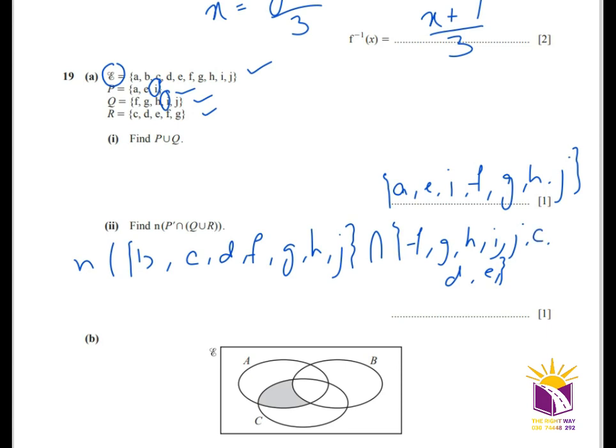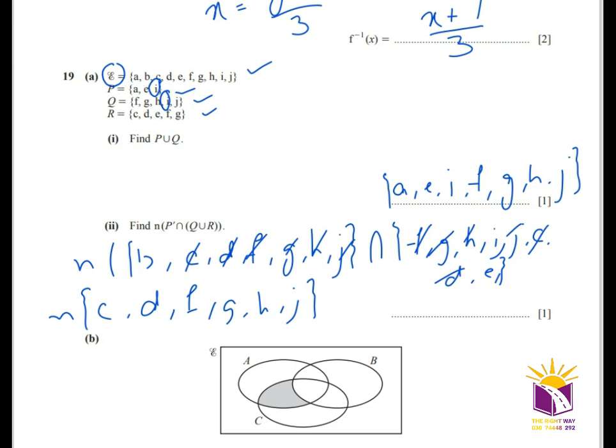Now taking the intersection between these two. The intersection will be C, which is common between both. D is common, F is common, G is common, H is common and J is also common.